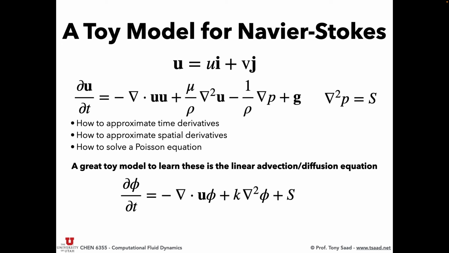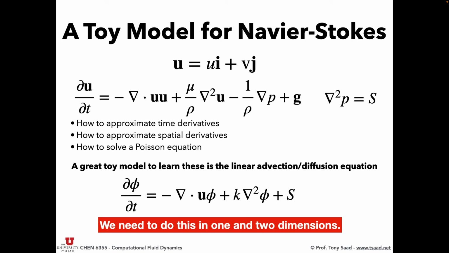We're going to say the velocity is 1 meter per second or 10 meters per second, okay? And it's transporting phi by advection, transporting phi by diffusion. This is the diffusion coefficient, with some source terms, okay? And we need to do this in 1 and 2 dimensions. Okay, great. So that's what we're going to be after in the next 2 to 3 lectures, is to solve equations of this type in 1D and in 2D.